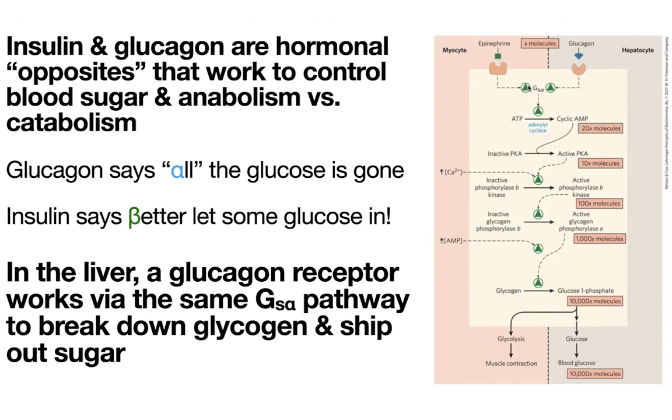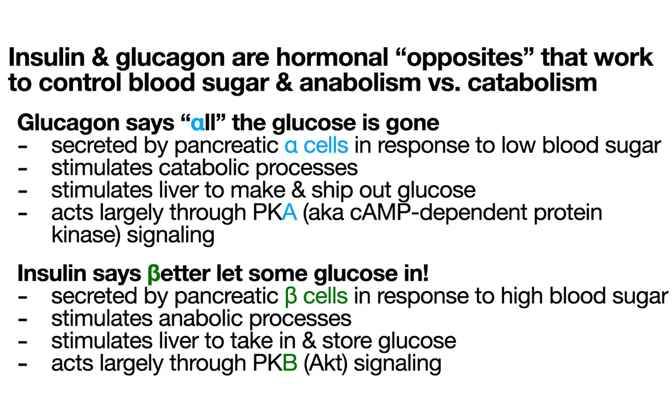Because it's that Gs alpha part, the G protein that actually interacts with the cyclic AMP, they can have different subunits of the other parts that have different adapters to respond to glucagon or to adrenaline.